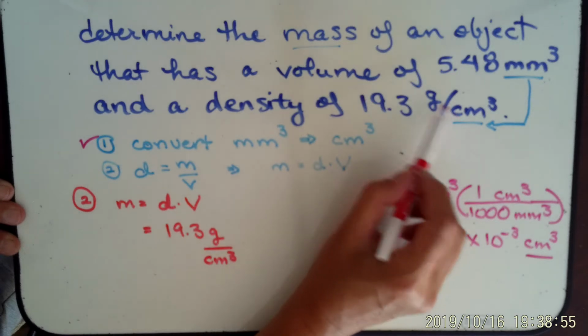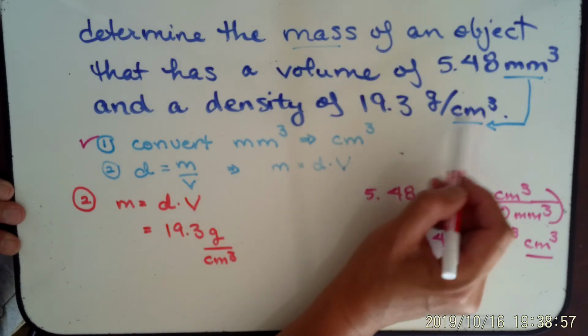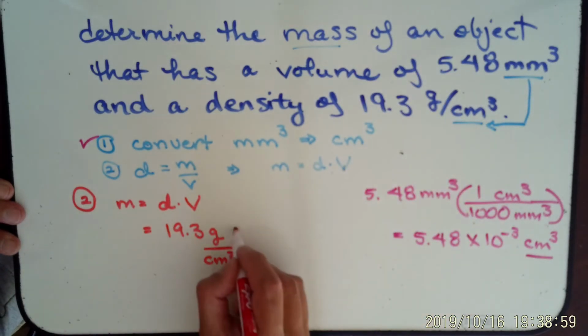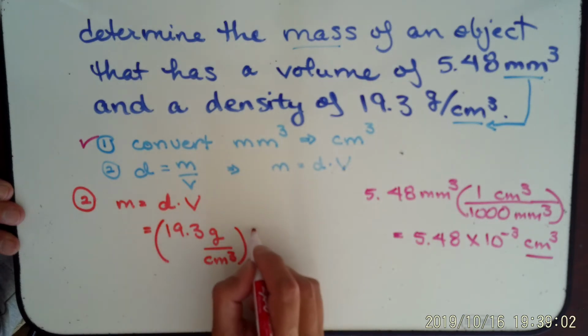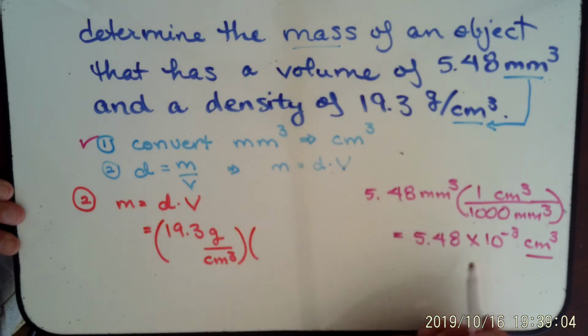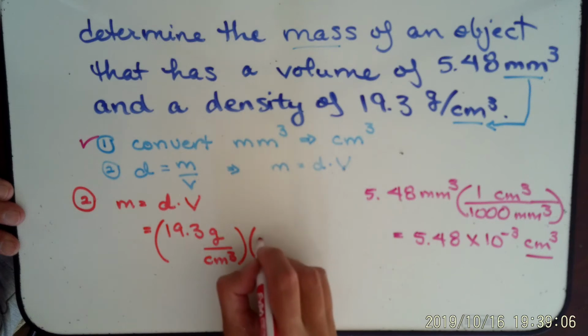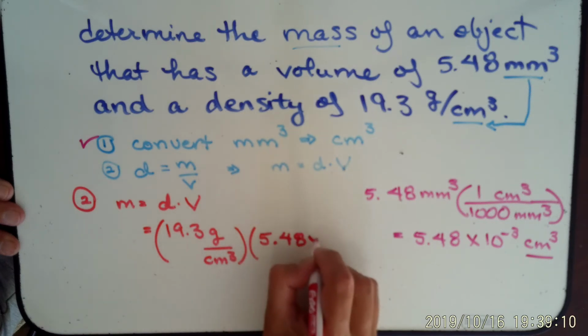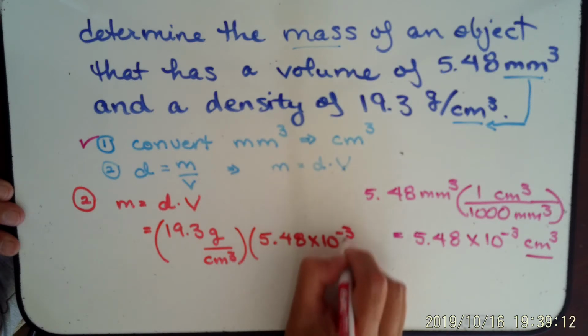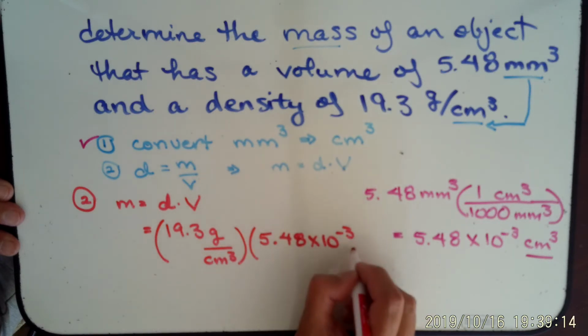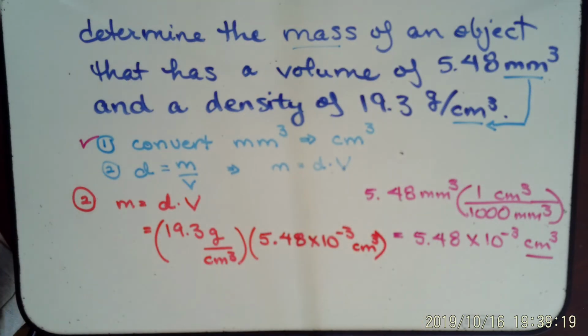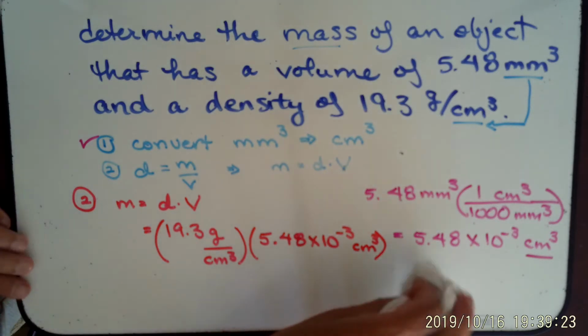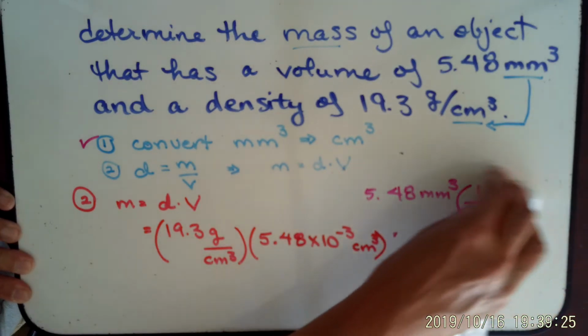Notice how the slash means that whatever's on the right hand side of that slash is on the bottom. I just wanted to make sure, since you're getting all sorts of different ways we're writing these units and dividing, times 5.48 times 10 to the minus 3, so that would be EE minus 3, negative 3 cubic centimeters. Okay, and I'm just going to erase this part now that we've rewritten our volume, so we don't confuse it with step 2.